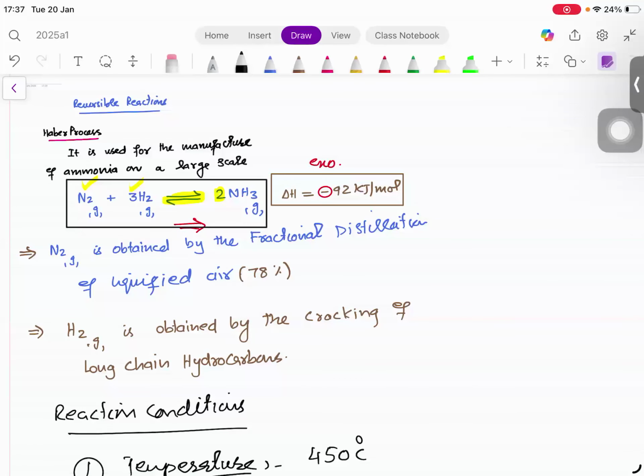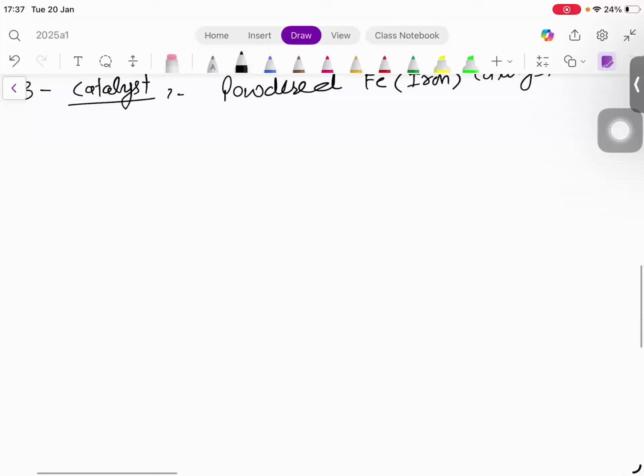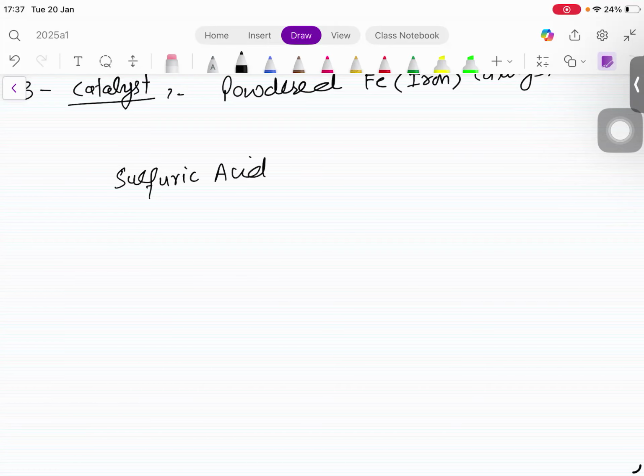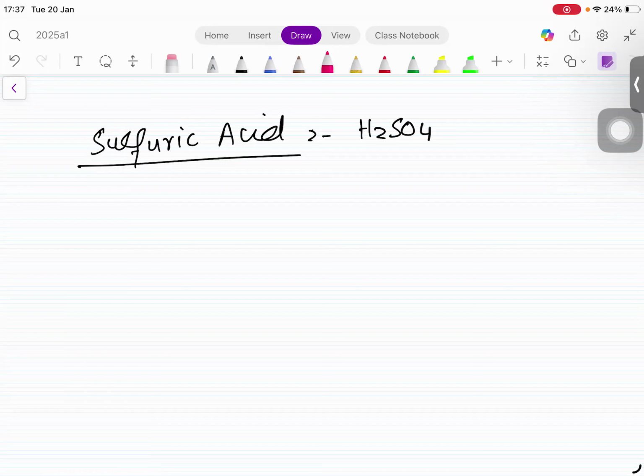Okay. Now give another heading: sulfuric acid. There is another application of the reversible reaction in the preparation of sulfuric acid. Now, sulfuric acid is a very widely used chemical.